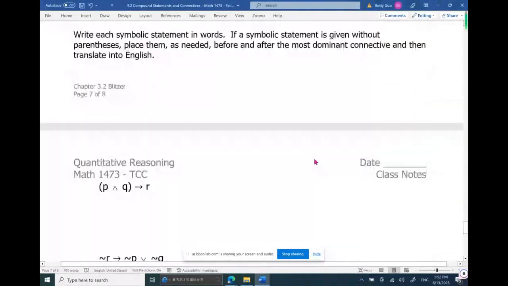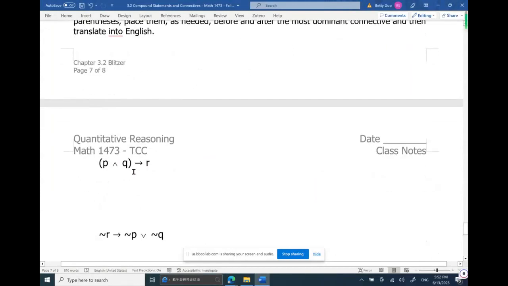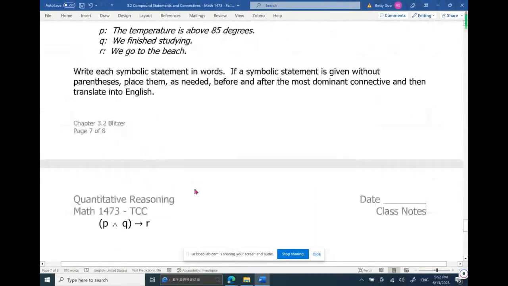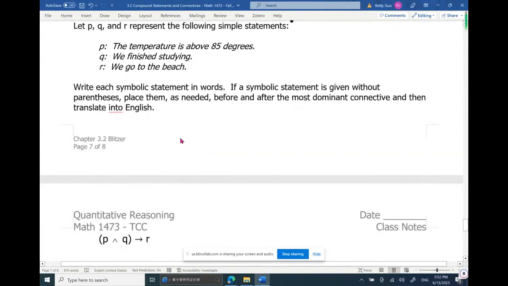The last example here, we have three components, three simple statements are given. We are going to translate those common statements given in the symbolic form to English, all right? So that's the question. P is, the temperature is above 85 degrees.